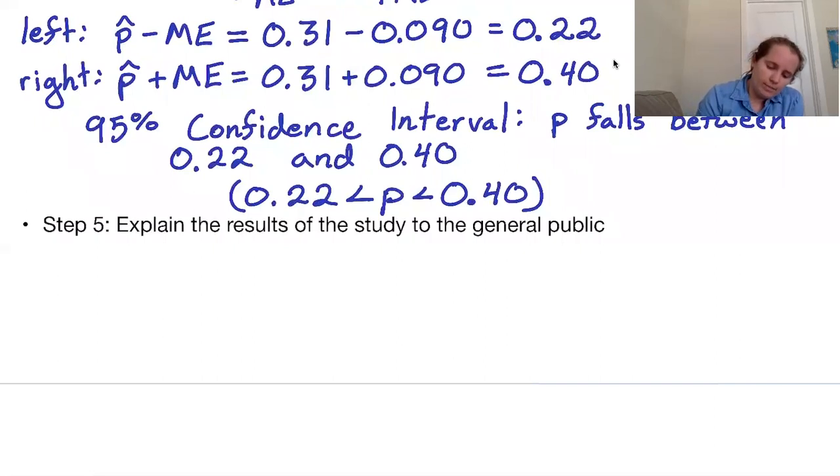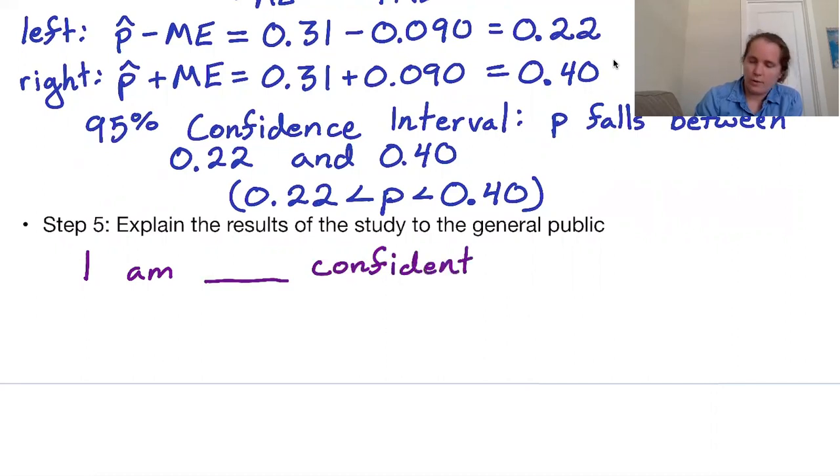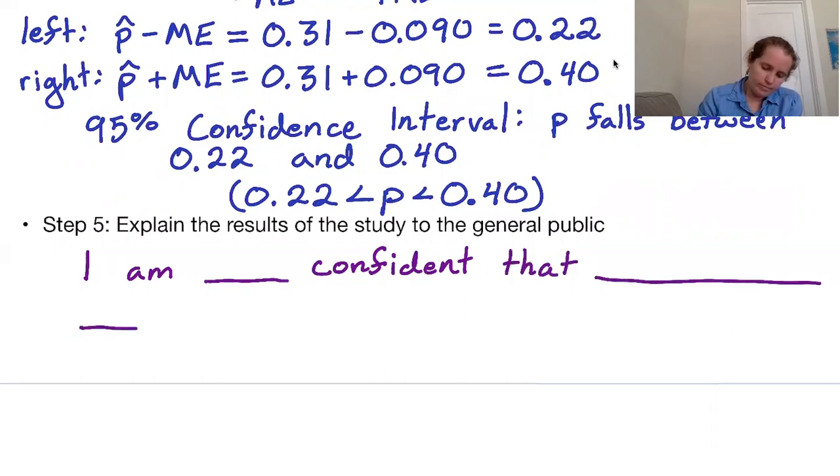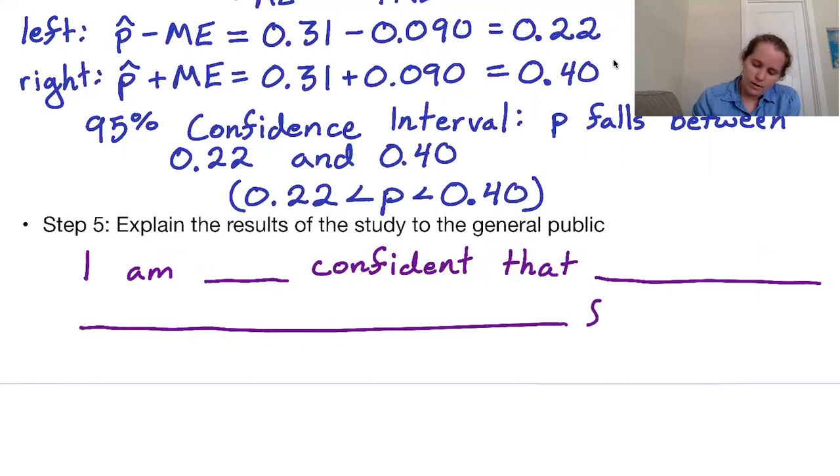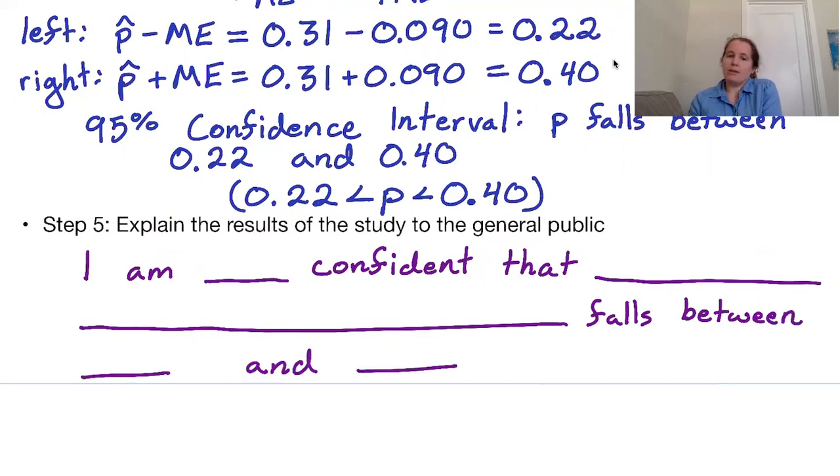And the generic statement, we will start off with: I am, here's our first blank, confident, or the researchers are, as another way, that blank falls between blank and a blank, and then I will explain what this means.